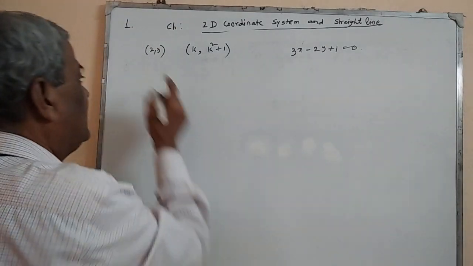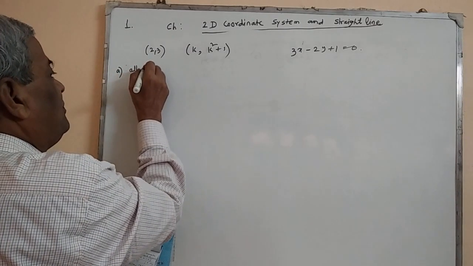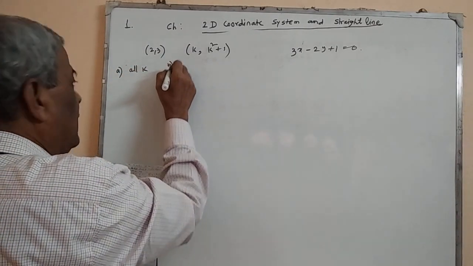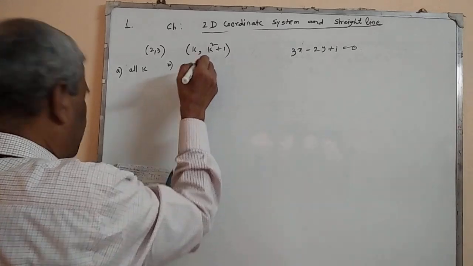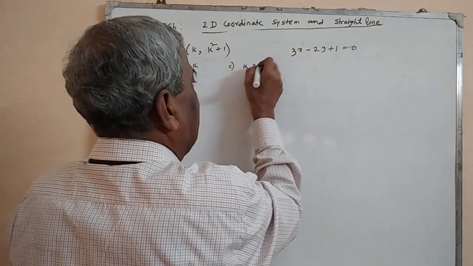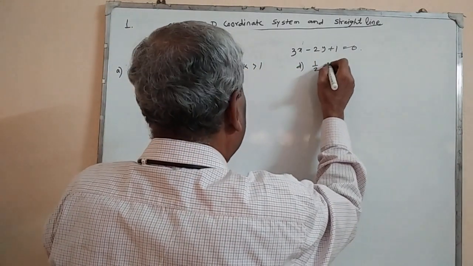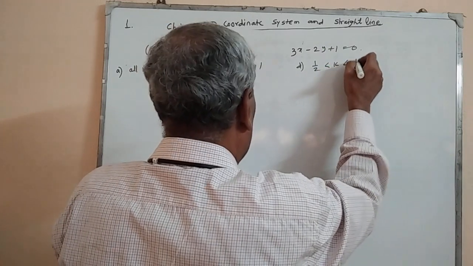Options are: A, all k; B, for no k; C, for k greater than 1; D, for half less than k less than 1.